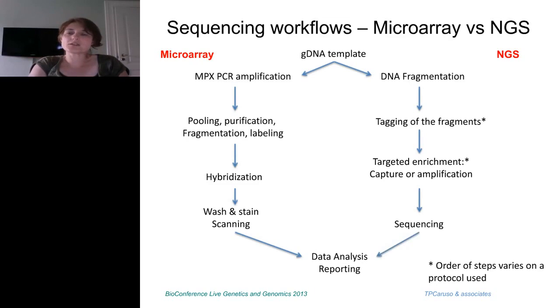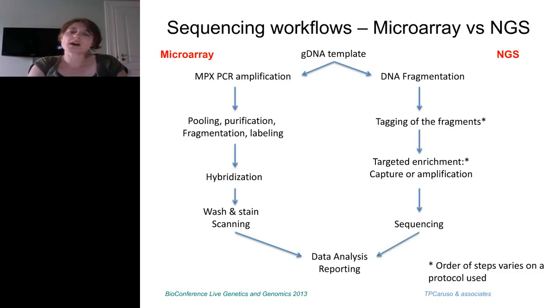On the other hand, the next generation sequencing requires the genomic DNA first to be fragmented. And then depending on what protocol you're using, you may need to tag those fragments and then amplify with primers that are proprietary, or basically they're not specific for human genomes. So that's a difference between the microarray amplification and this step here.